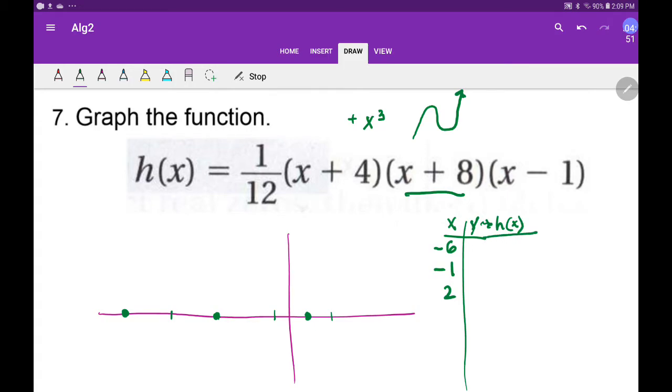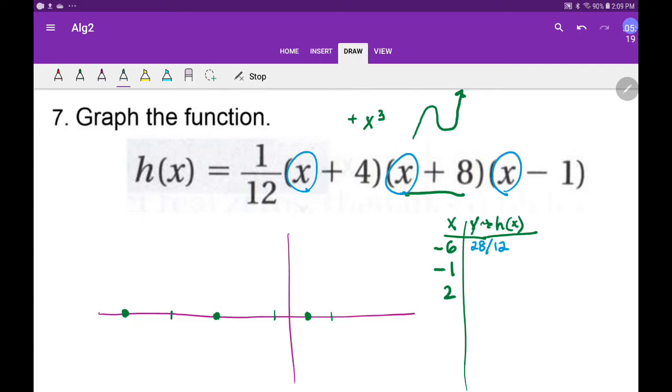Well, let's see. I'm putting in negative 6, so that's negative 2, and positive 2, that's negative 4, times a negative 7, so that's positive 28. 28 over 12, and it's positive, because I had a negative and a negative.